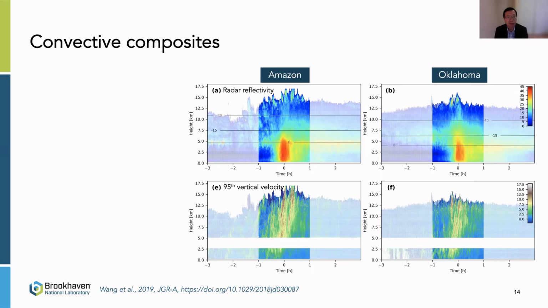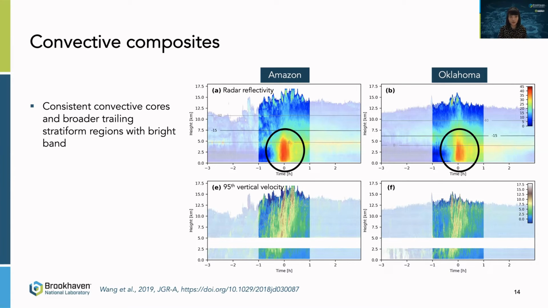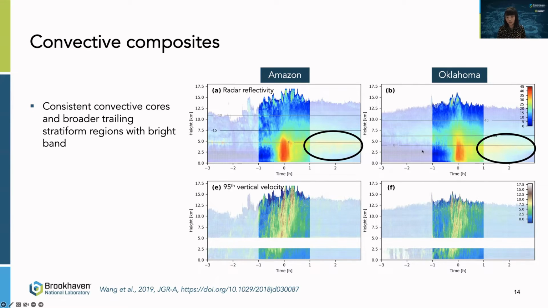Okay. So back to this plot, we see some similarities between these two systems. For example, we have this very consistent convective core right in the middle at both locations, and we have this trailing stratiform area with bright band signature at melting level. You have a little bit stronger stratiform precipitation in Oklahoma and more consistent anvil clouds.